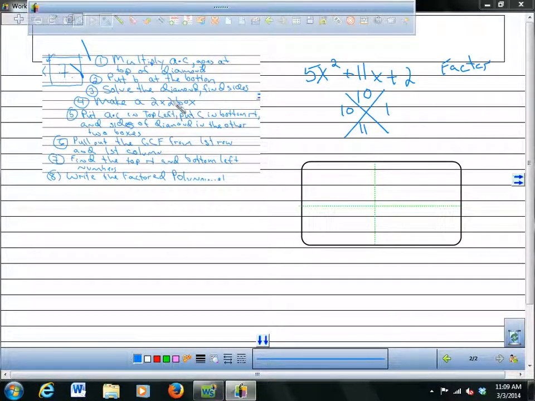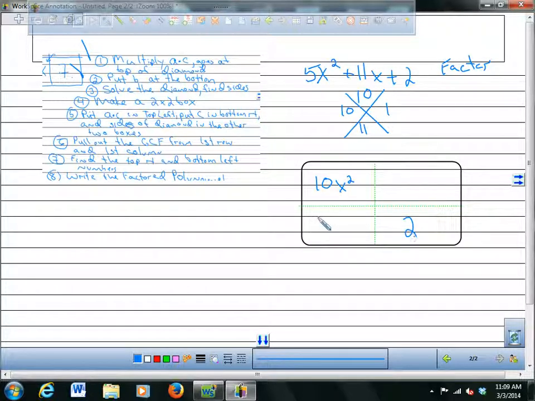So make a 2x2 box, put A times C in the top left. So A times C with the variables, okay? So that's a 10x squared goes here. And put C in the bottom right. What goes down here? 2, okay? And the sides of the polynomial with an x, in the other two boxes, or whatever your variable is.